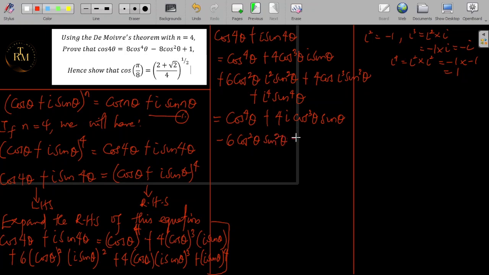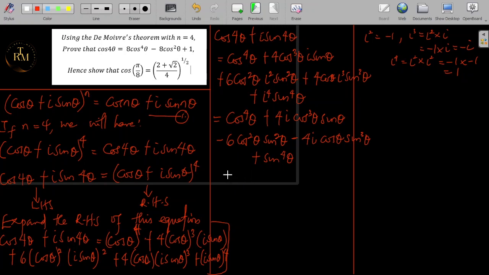Then i cubed is actually minus i, so I get a minus 4i cos theta sine cubed theta. i to the power of 4 becomes 1, so this one just becomes a plus sine 4θ.